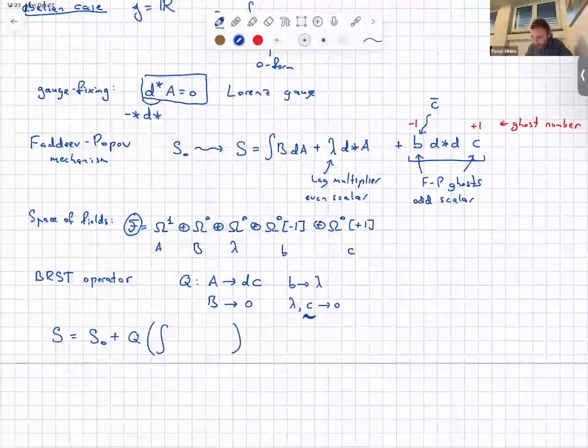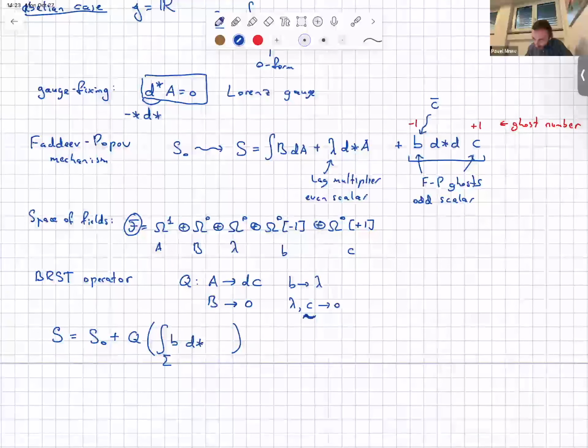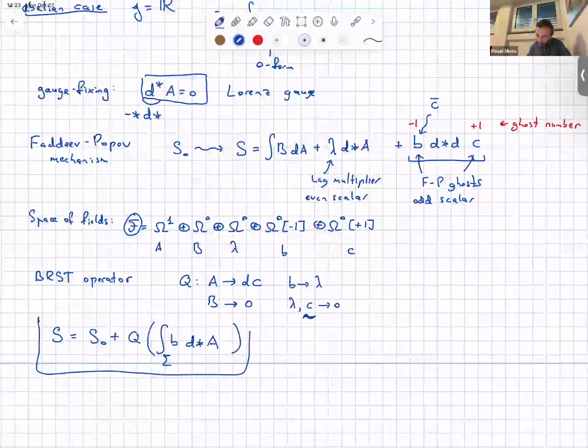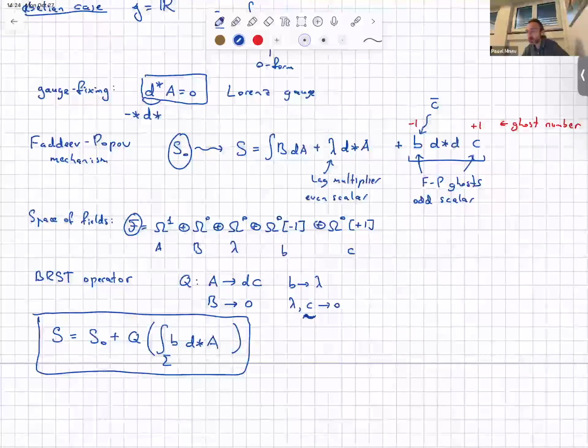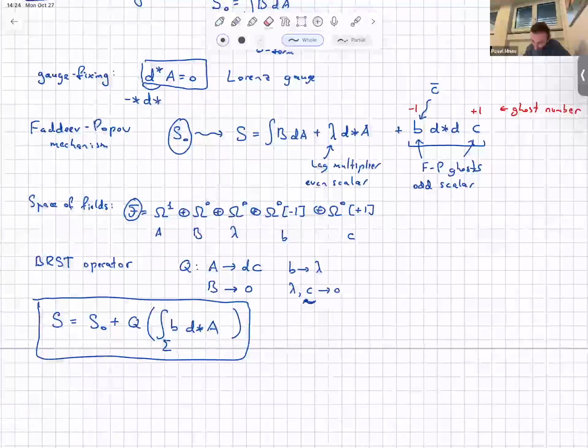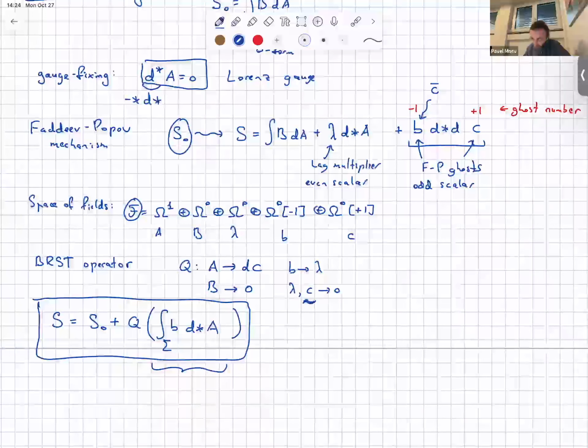And this something is the integral over the surface of little b d star A. So the Faddeev-Popov action is the shift of the original BF action by something Q-exact.